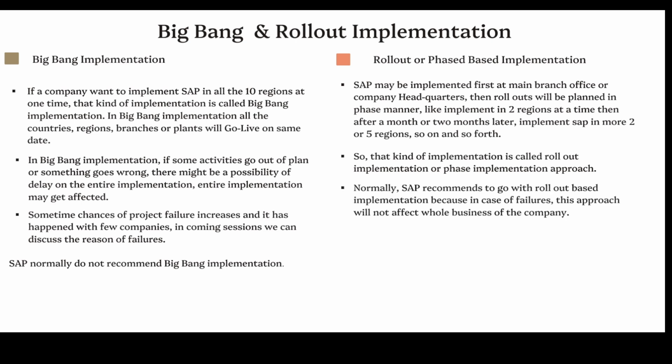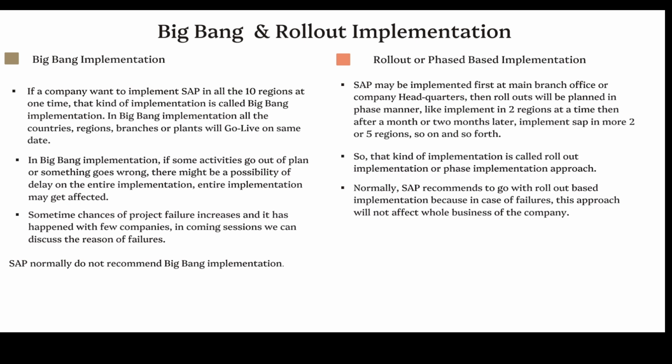Normally, SAP recommends going with rollout-based implementation because in case of failures, this approach will not affect the whole business of the company. Only those set of regions will get affected where SAP implementation was planned. You can replan the rollout. But if you go with Big Bang implementation, if some activities go out of plan or something goes wrong, there might be a possibility of delay on the entire implementation.